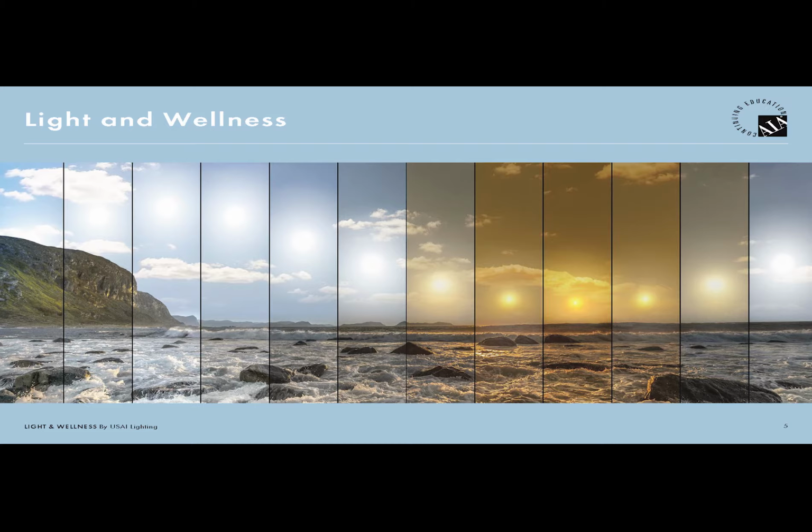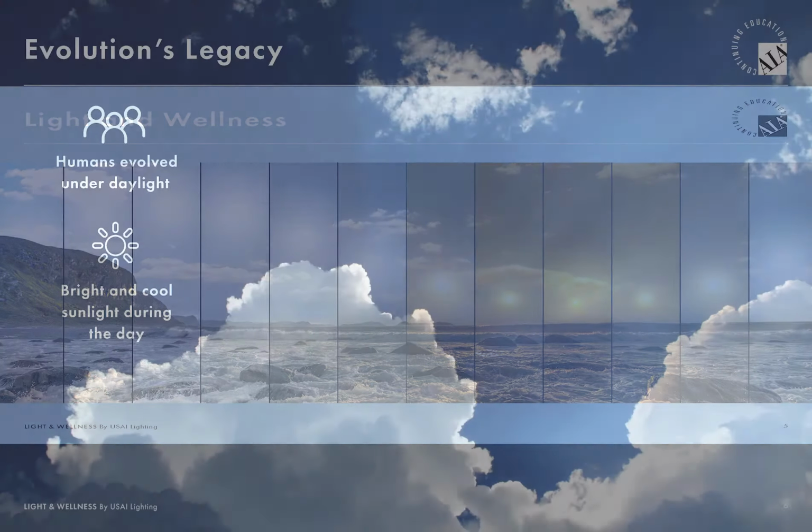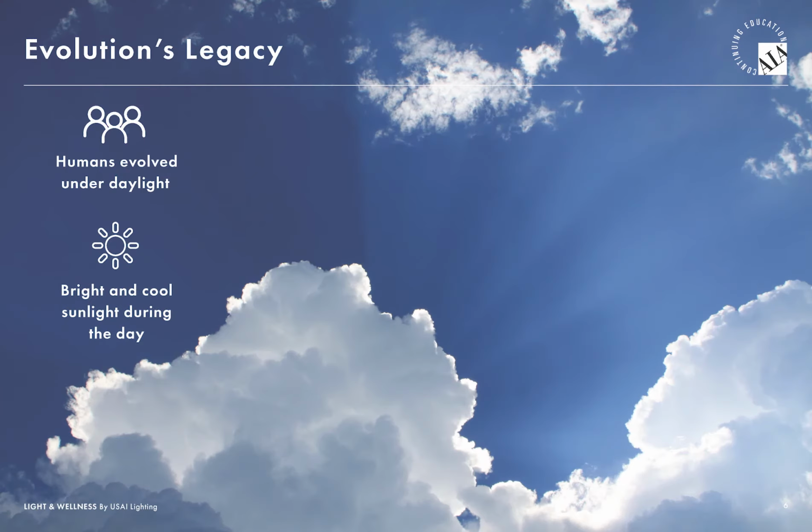The term circadian rhythm refers to the body's internal clock that regulates many physiological processes, including our sleep-wake cycle. Although it is an internal clock, it's regulated by external cues, and the most important of which is light. To understand light's role in circadian entrainment and why it's so important to incorporate this into design practices, we need to consider how we actually evolved.